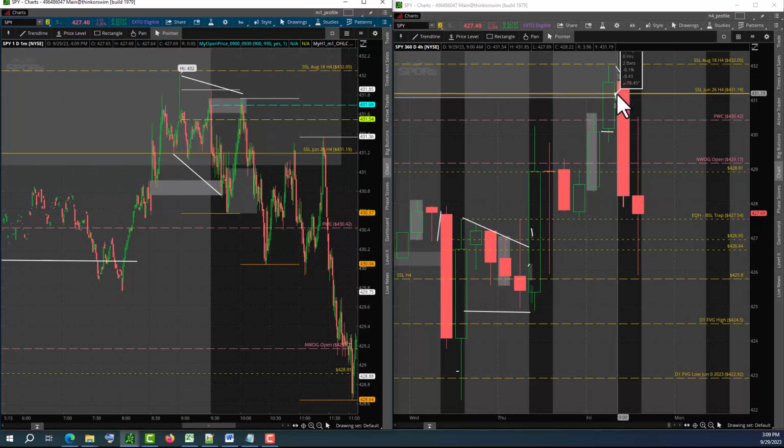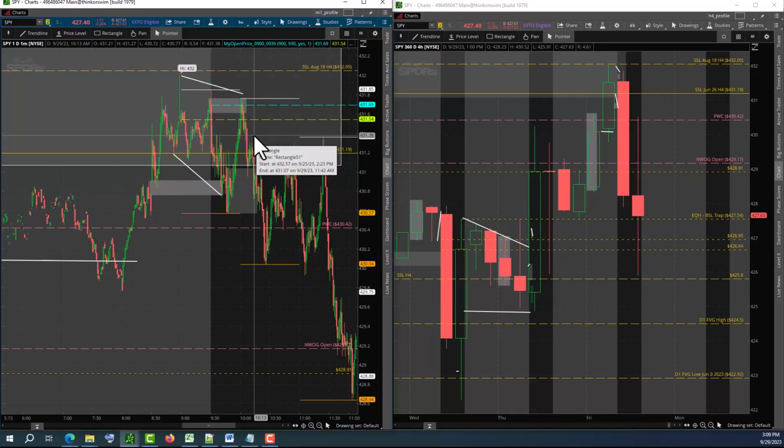If it opened below, then it would have momentum to push up, but when it opened above and it failed to make a high, then we know it's set to show up right there.